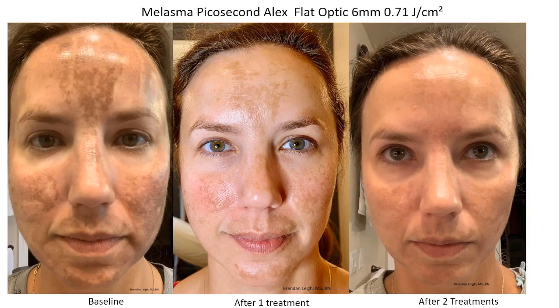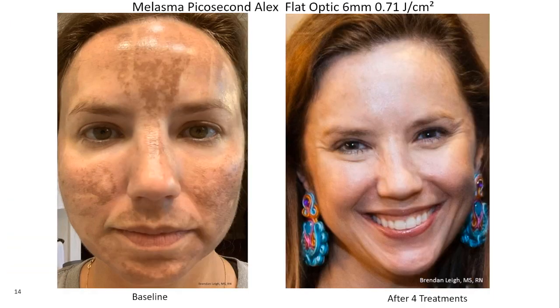So, here's a patient with melasma. Now, when you look at this patient, she was previously treated with the diffractive lens array, got worse, and so this provider switched to the flat optic, and you could see over a period of 1, 2, 4 treatments, the melasma went away, whereas before, the diffractive lens array made it worse.